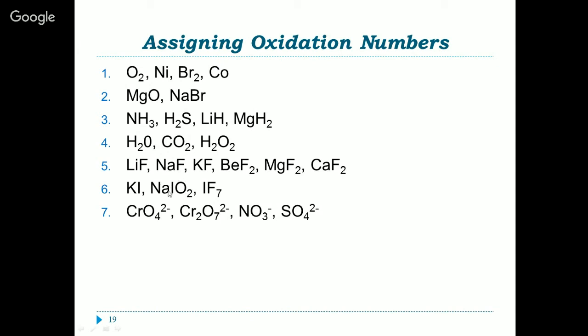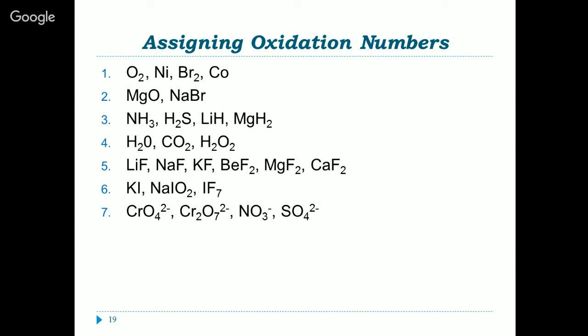So here what I would do is look and say, okay, sodium is +1. My oxygen is normal, so it's a -2. 2 times -2 is -4. Since sodium was +1, -4 plus 1 gives me a -3. Therefore, my iodine has to have a +3 charge.